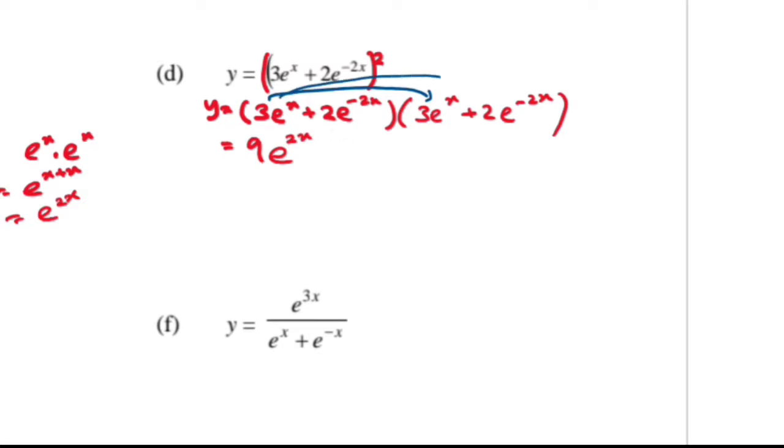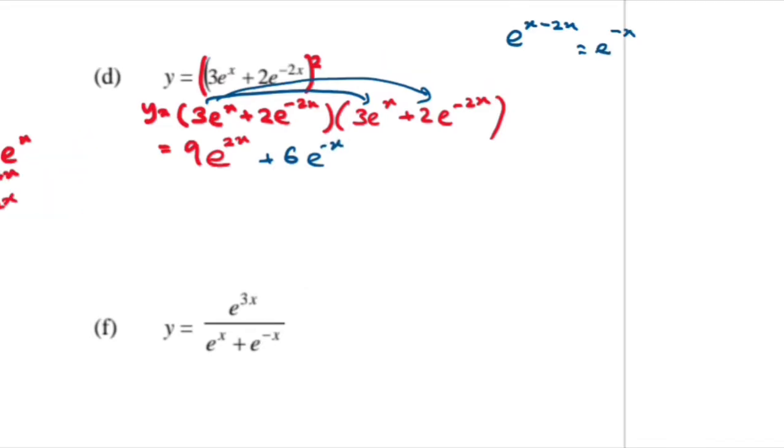Next, the other term would be plus 3 times 2 is 6, e power of x minus e power of 2x. This simply is e power of x minus 2x, and what you get is e power negative x. After that, 2 times 3 is just 6, and then e power of negative 2x plus x.